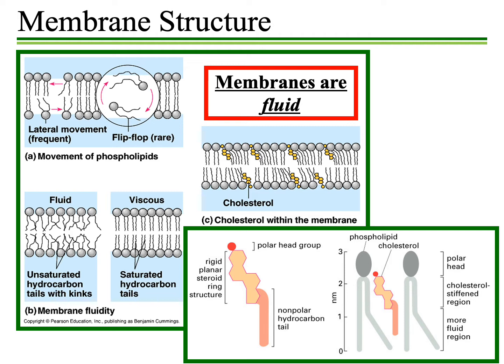The flip side of that is what you see on the left-hand side in panel B, which demonstrates unsaturated hydrocarbon tails. These unsaturated hydrocarbon tails do not have the maximum number of hydrogens bound to carbons, which means that there must be at least one position between 2 neighboring carbons that has a double covalent bond. What that means for the structure is that it is not linear.